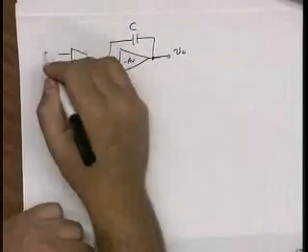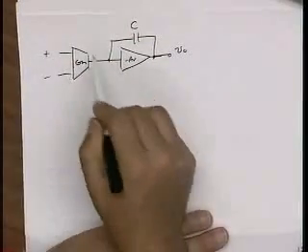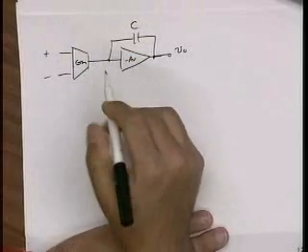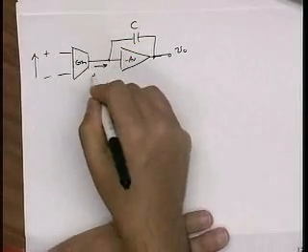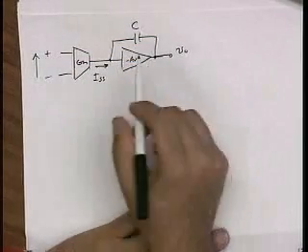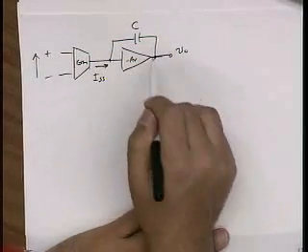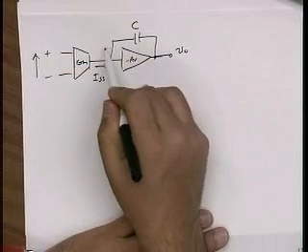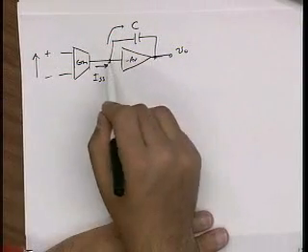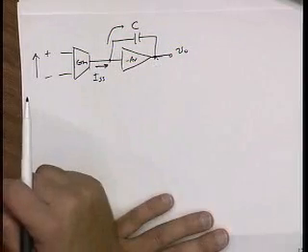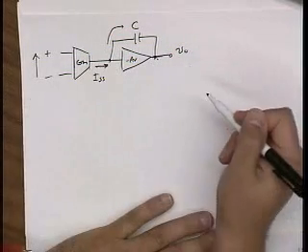If I apply a big step function right at the input, then I have a constant current, ISS, flowing out of this stage. This has very large input impedance, right? And so ISS effectively has to flow through this capacitor, and that produces a ramp voltage across this capacitor. And therefore my output will do the same thing. It'll ramp.